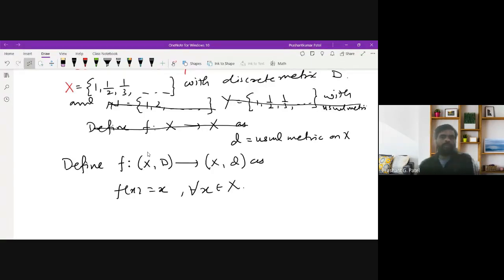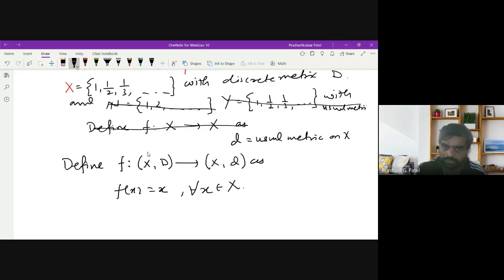Now obviously this X is complete because every discrete space is complete, and any map defined on a discrete metric space is continuous. So that's why this f is continuous and X is complete.